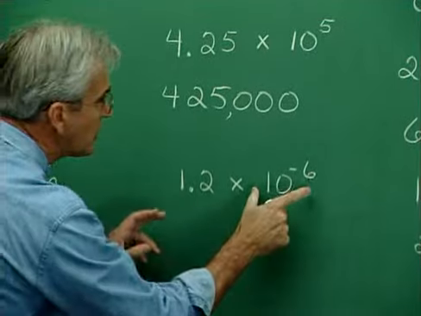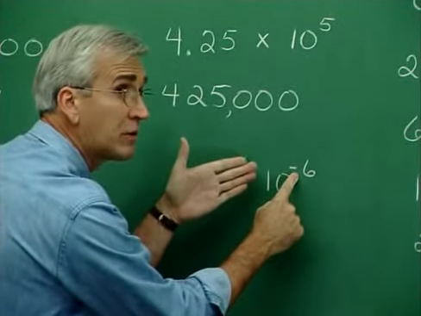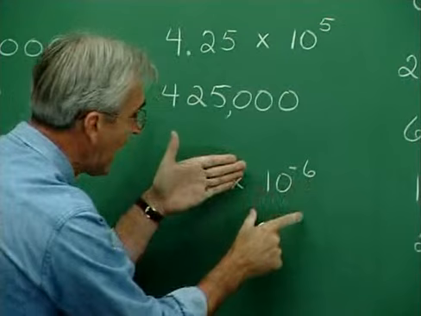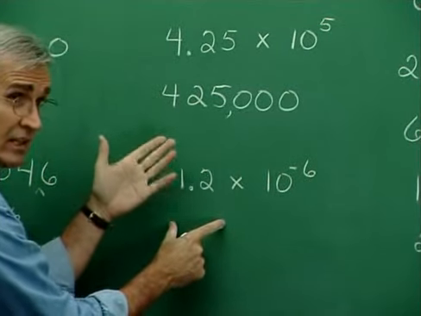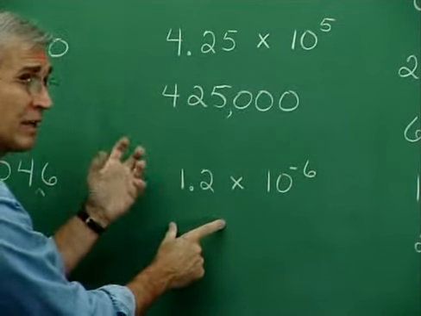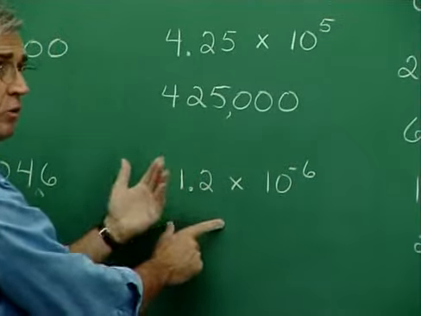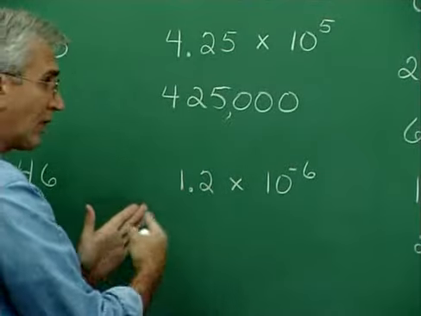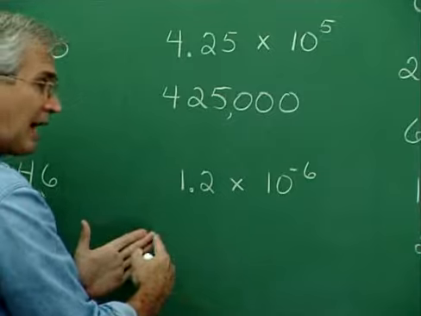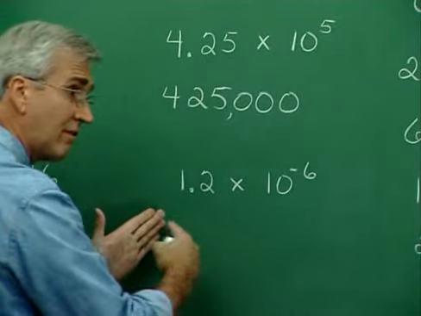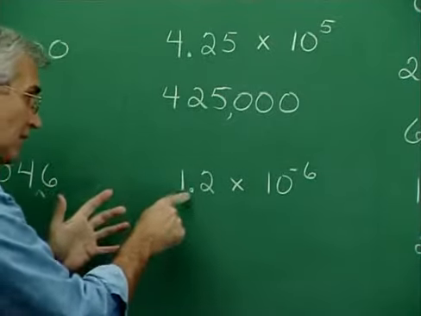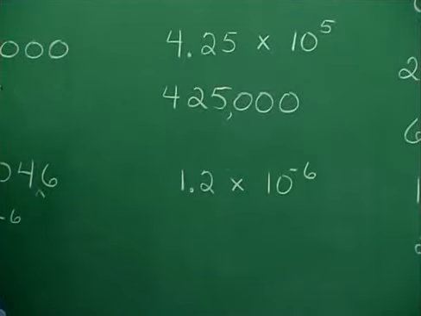When we have a negative exponent, we're just sliding the decimal point in the other direction. After all, the negative exponent means misplaced base, so actually this would be 10 to the 6th down in the denominator, you see. So we're dividing by 10 to the 6th power, which is the number 1 with 6 zeros. And if we're dividing by a number which is 1 followed by 6 zeros, we're sliding this decimal point 6 places to the left.